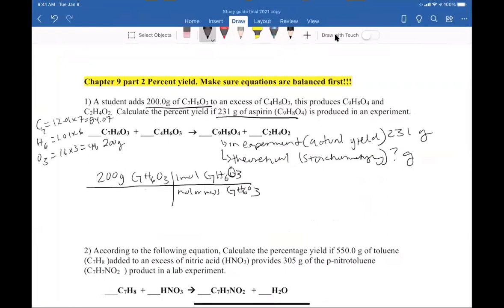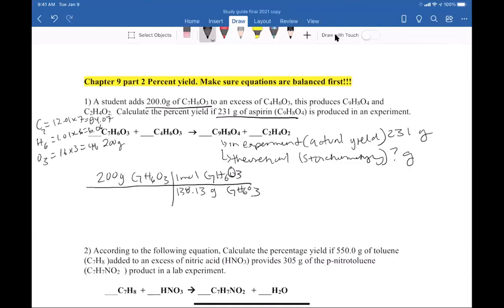And then 1.01 times 6, that's easy, that's 6.06. You add all these together, and you get 138.13 grams. And by the way, this is balanced. I just wanted to let you guys know.